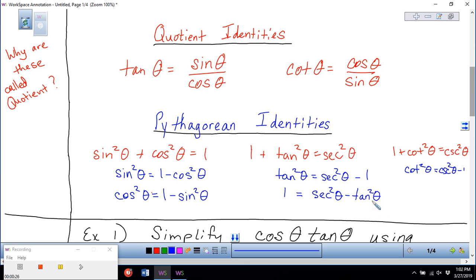And an additional way of writing it, if I subtract the cotangent squared to both sides, I could write it as 1 equals cosecant squared theta minus cotangent squared theta. So these are your identities. We're going to be using them here in a moment to simplify some trigonometric expressions. So go ahead and pause and then we'll move on to some examples.